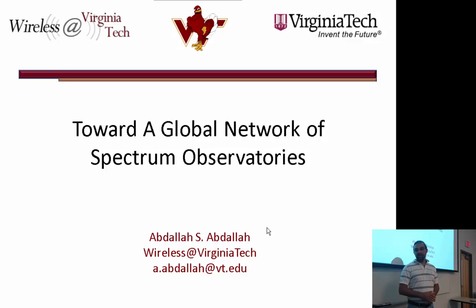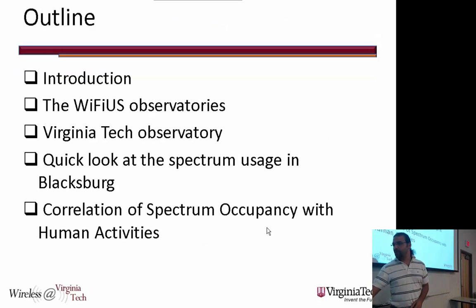Good afternoon, everyone. Today we'll talk about a network of spectrum observatories that are scattered between several locations in the US and Finland. We'll start with a quick introduction, then we will talk about this specific project that includes all these observatories.